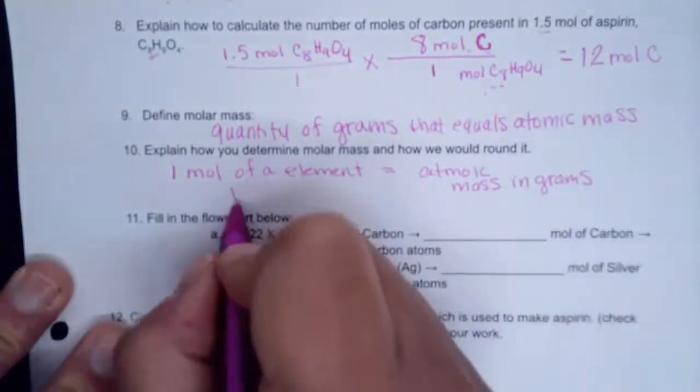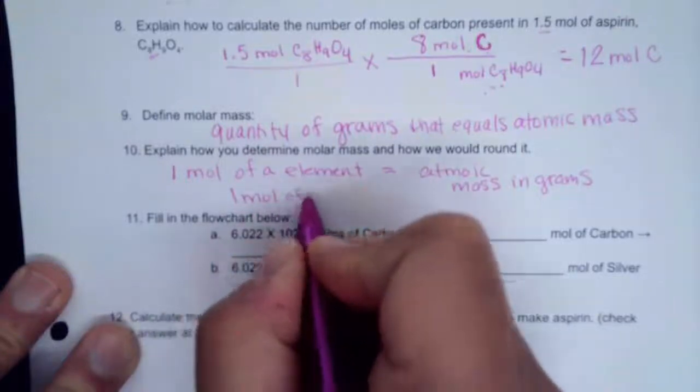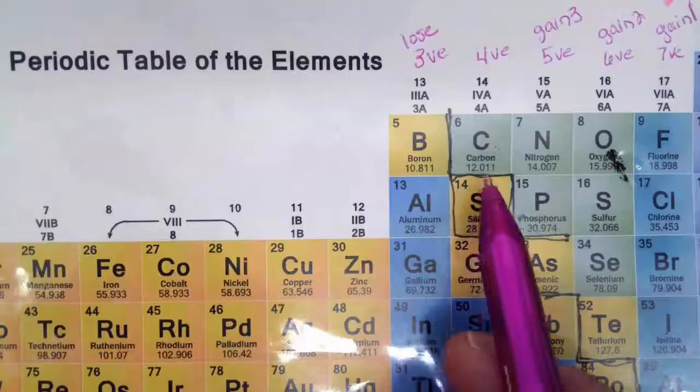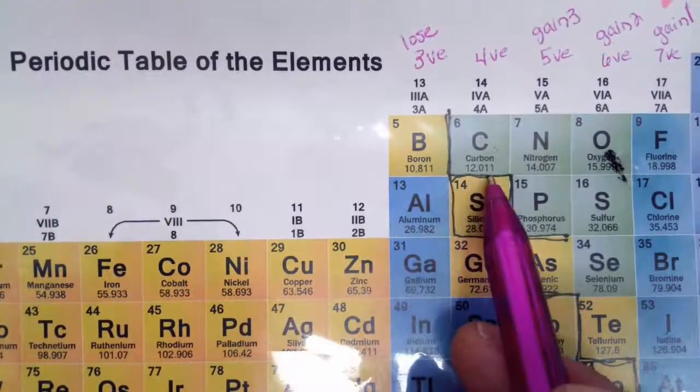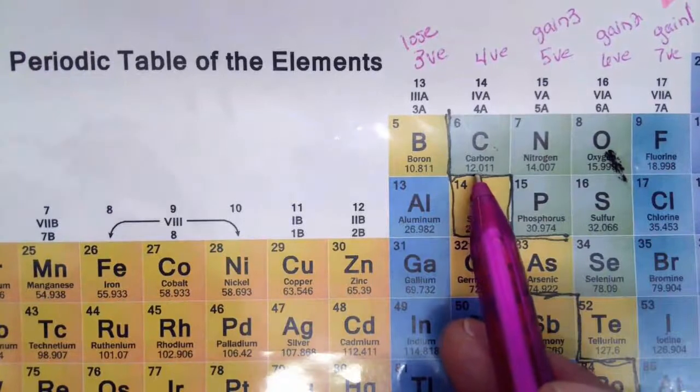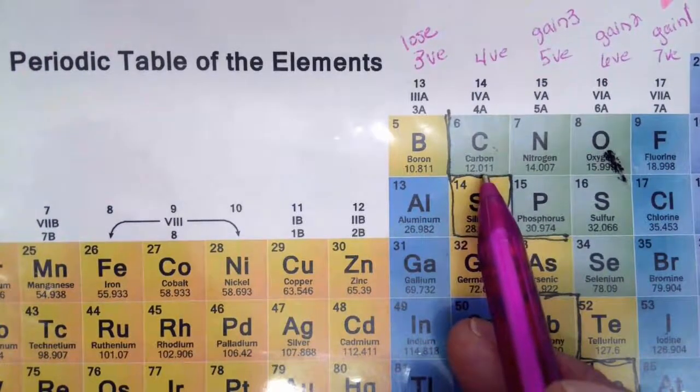So 1 mole of carbon is going to equal 12 grams of carbon. 12.01, usually we go to the hundredth place.